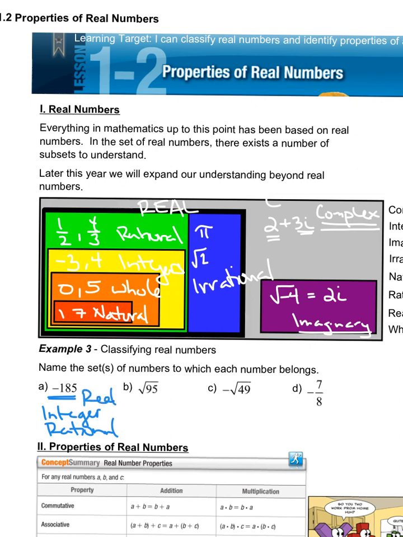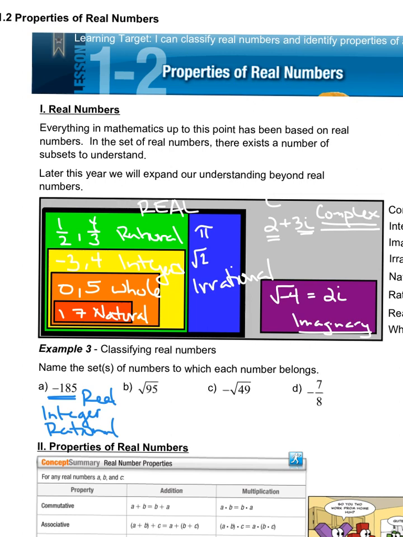Right now, if you wanted to include complex, you could, but at this point, we're looking at properties and classifications of real numbers, so you don't have to worry about complex or imaginary at this point in the game.